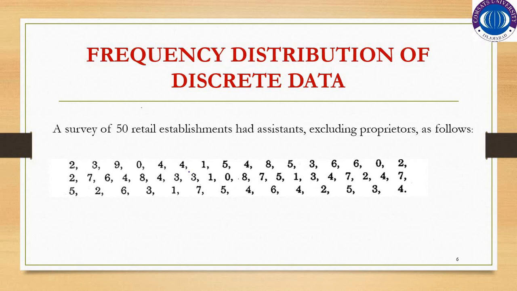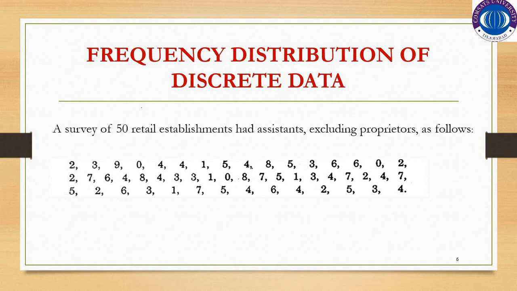If you want to see that the data is discrete, just go through the statement, which says that a survey of 15 retail establishments had assistants, excluding proprietors, as follows. So this data is basically for the number of assistants.